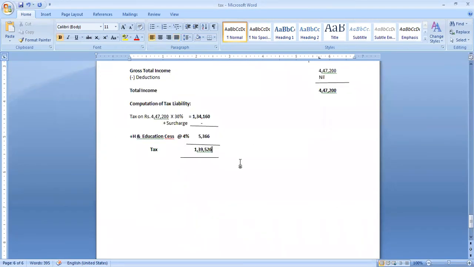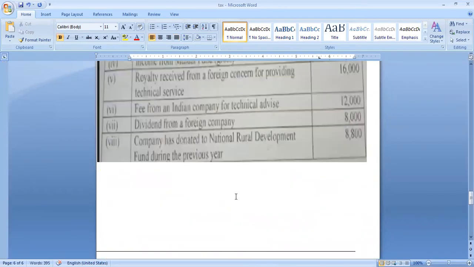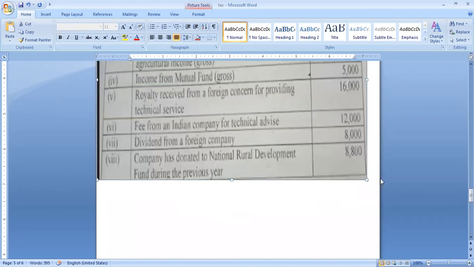Suppose apart from this, in the problem they will mention this also that I am writing now. You also make a note. You write as I write. At the end of the problem, compulsorily they will normally give this point.